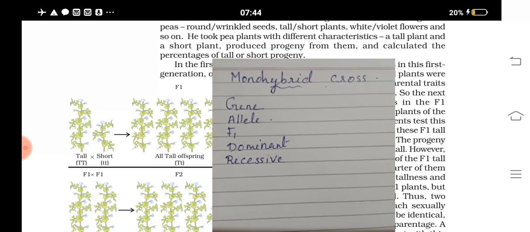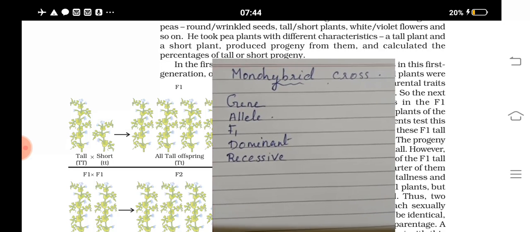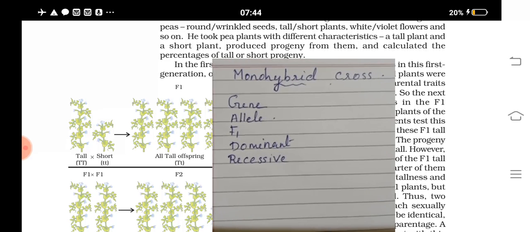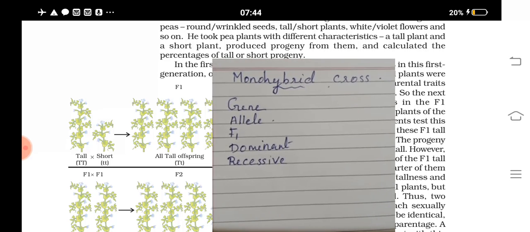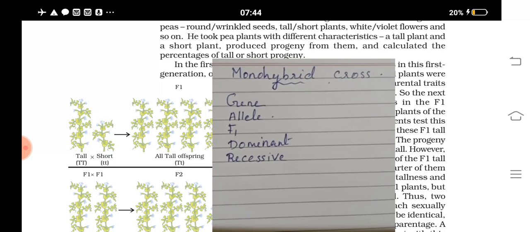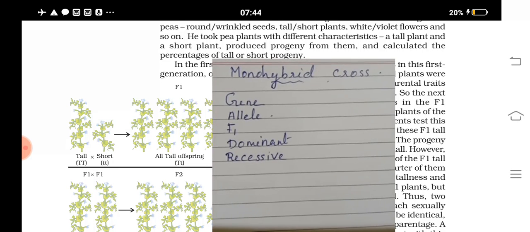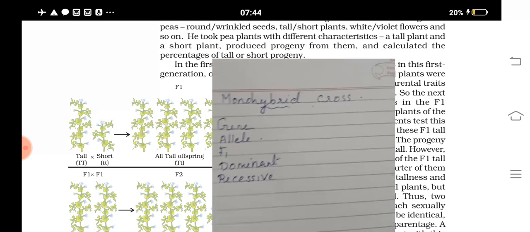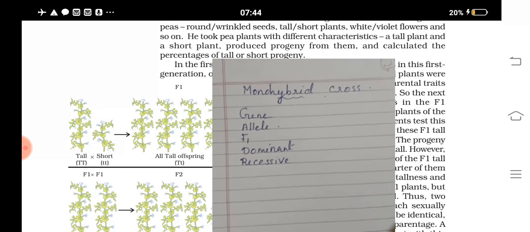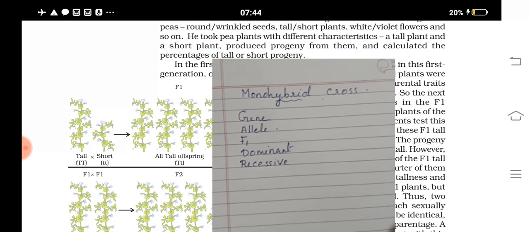One character. I gave examples of characters he studied in pea plants, like the color of the flower, height of the plant, shape of the seed, and shape of the pod. You can see the pod, like the one you get in the market, where you have to open it and take out the seeds.